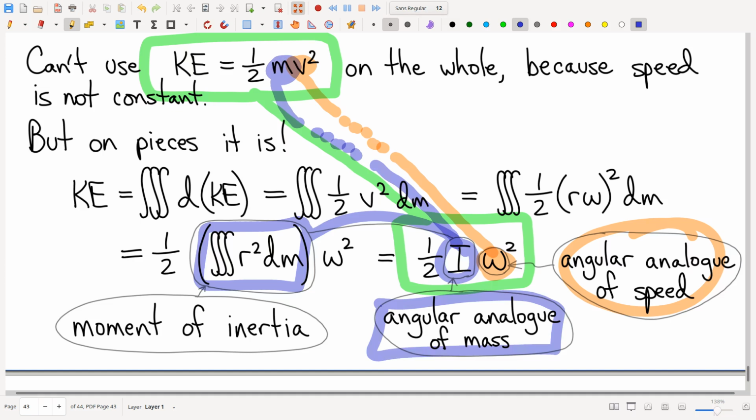If you're thinking about kinetic energy from the point of view of angular parameters of its motion instead of linear parameters of its motion, the thing that plays the role of mass is this weird expression right here, integral r squared dm. It turns out this is really important if you're doing any kind of physics that involves things rotating, which the universe is full of, heavily.